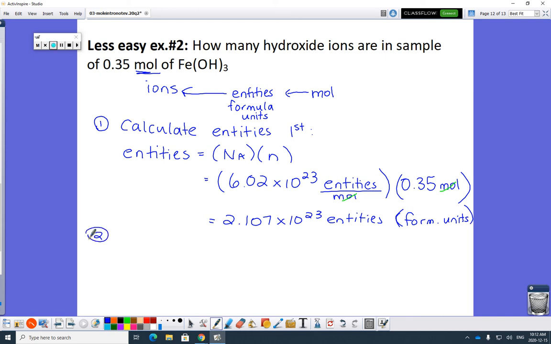Okay, so now we have entities, so now we can calculate the number of ions in our sample.